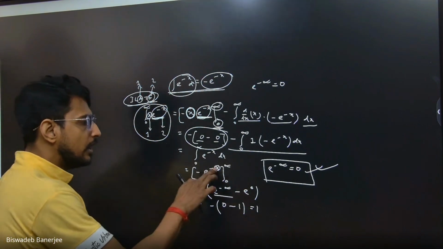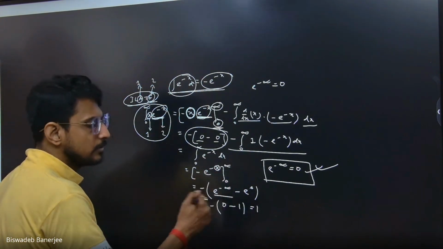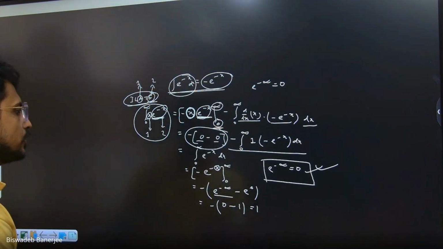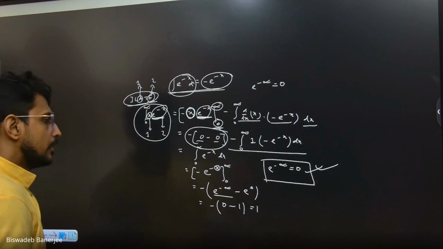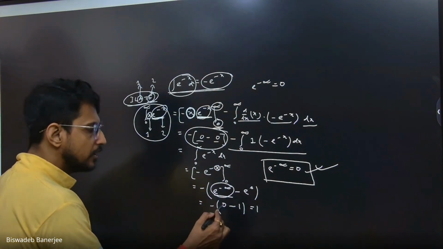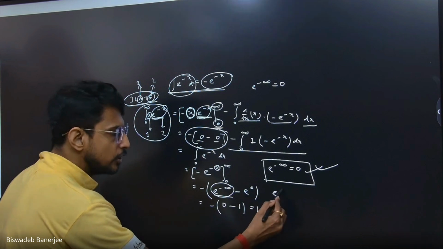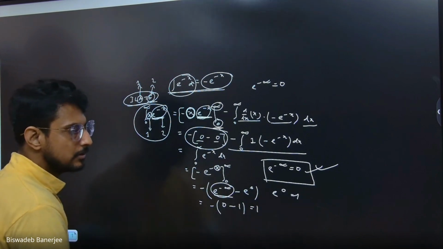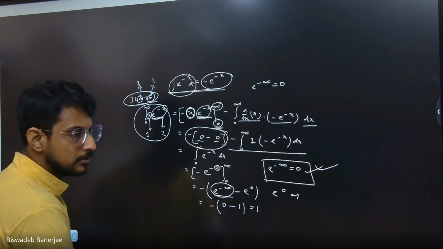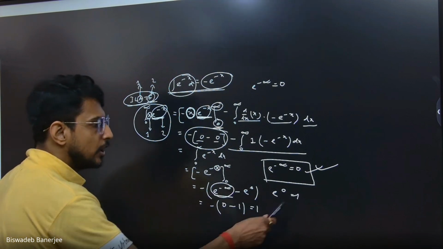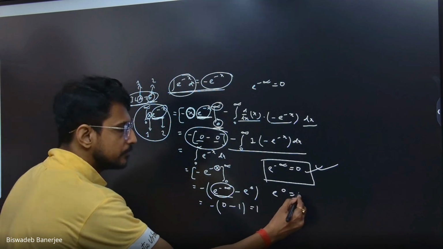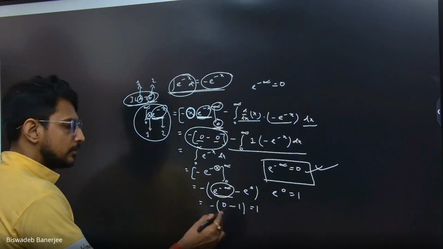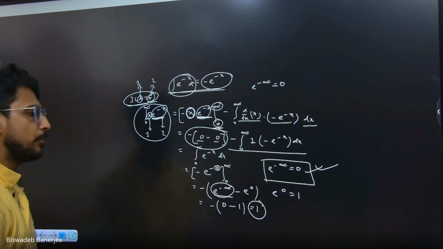Then put the lower limit here, meaning x equal to 0, so this will be e to the power 0. And finally, e to the power minus infinity is 0, and something to the power 0 is always 1. So my e to the power 0 becomes 1. And finally, the answer becomes plus.